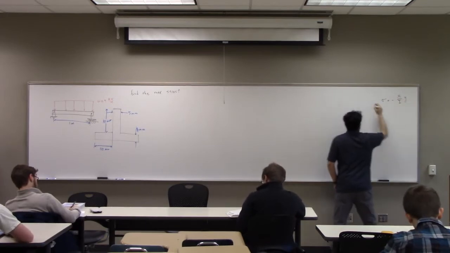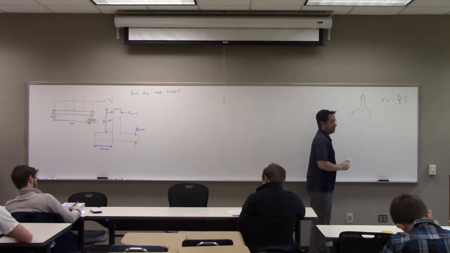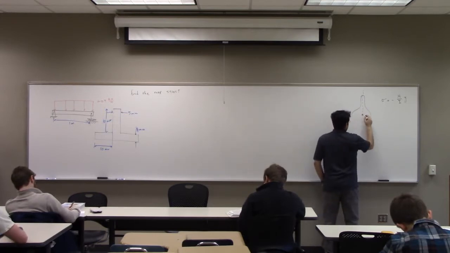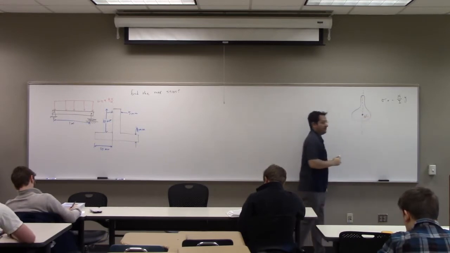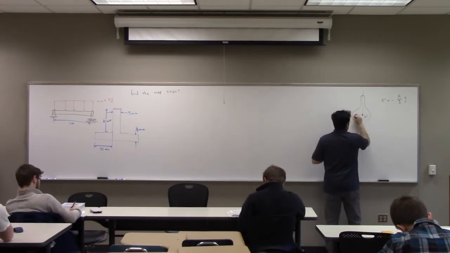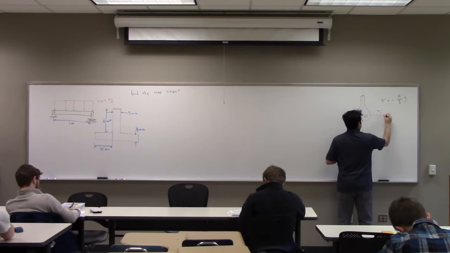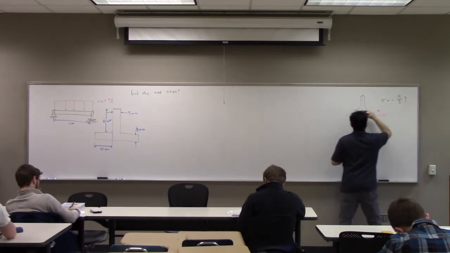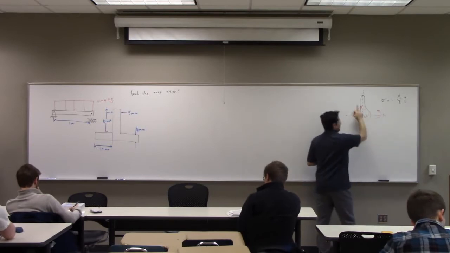times y. If your cross section is symmetric on the y-axis, and this is your CG, or the geometric center, and this is the axis that you apply bending moment M about, and y is computed from this axis, positive y goes up.